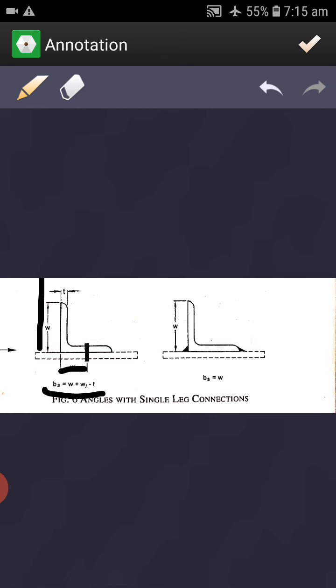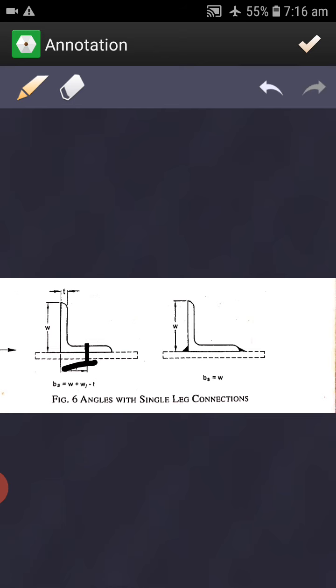Okay, and if the connection is welded, then directly BS is equal to W. Understood? If you want, I'll explain once again. In case of bolted connection, it is W plus Wi minus T. So what is W? W is outstanding leg width. In our problem, outstanding leg is 60, and Wi is from the junction to the center of the bolt.